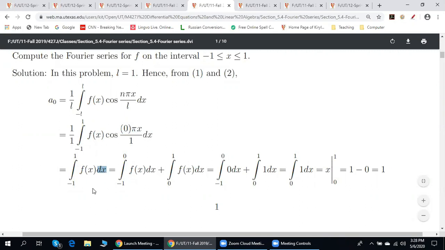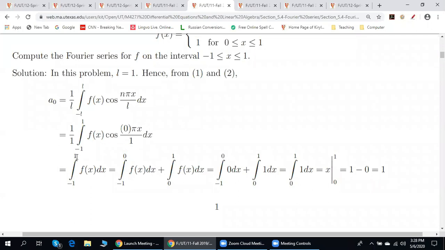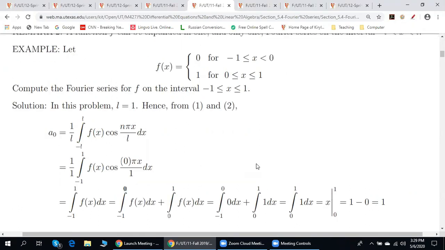Next, by calculus 1, the integral from -1 to 1 can be split into two integrals, from -1 to 0, and then from 0 to 1. You may ask me a question, can we use another number instead of 0? In general, the answer is yes. We can put any number between -1 and 1 instead of 0.